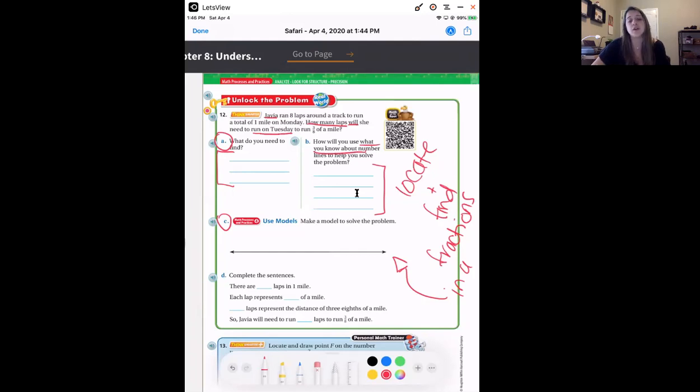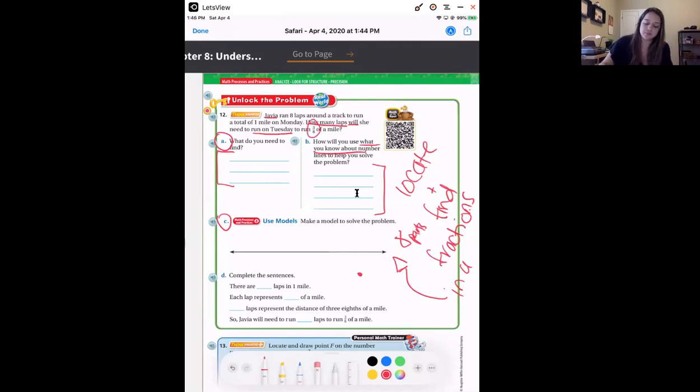Now you're going to have to draw your number line, okay? Should be broken up into 8 parts. And then you need to locate with a dot on the number line, where is 3/8 of a mile?